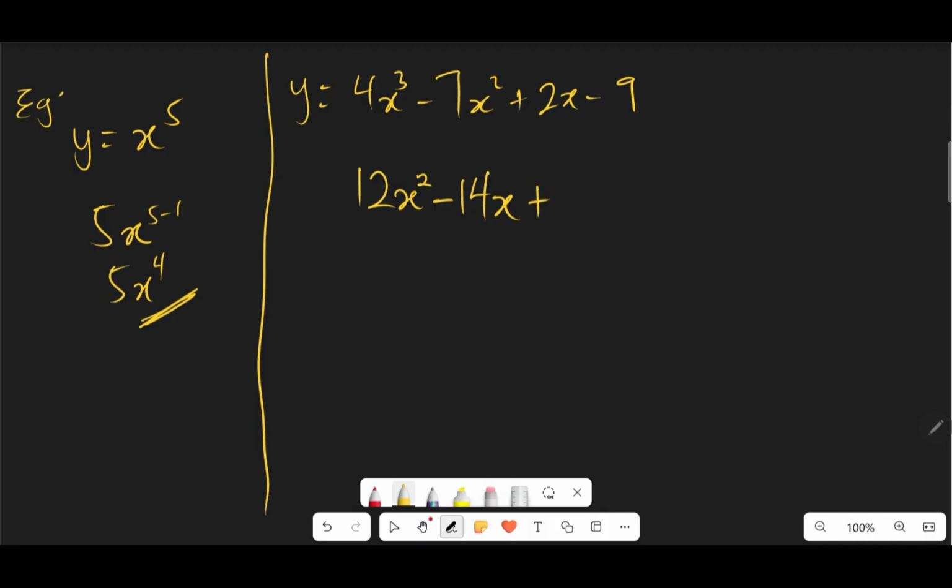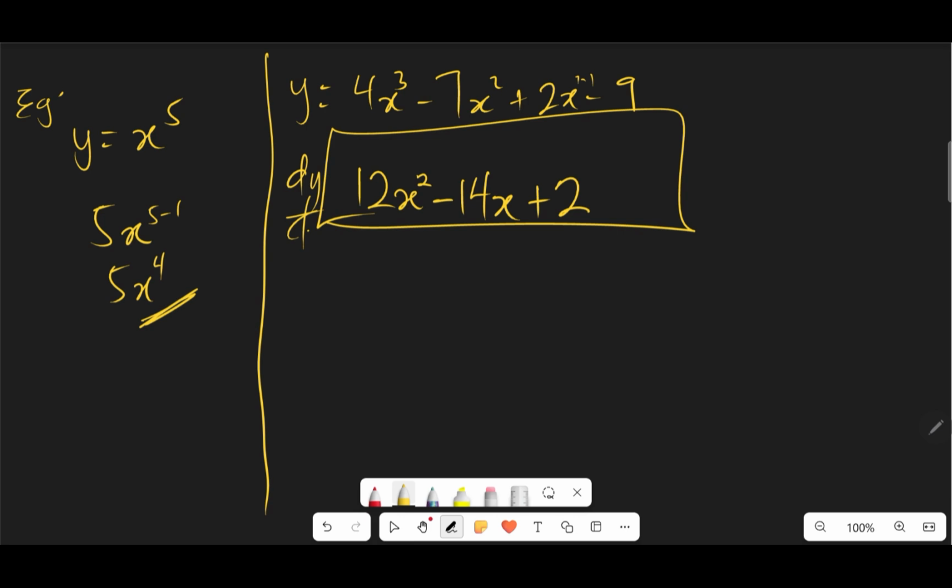Then plus 2x: the x has a power of 1, so I multiply the 1 by the 2 and get 2. If I subtract 1 from the power here, it will be 0, so I'm not going to bring the x again. A constant is always 0. So this becomes our final answer. When we find dy dx for y equal to 4x cubed minus 7x squared plus 2x minus 9, our dy dx gives 12x squared minus 14x plus 2.